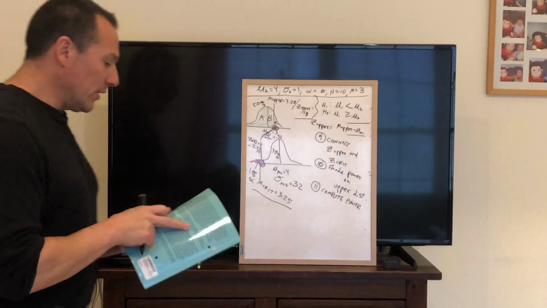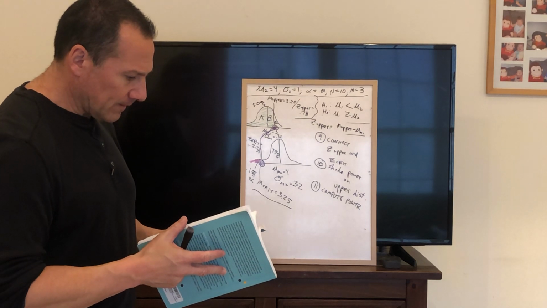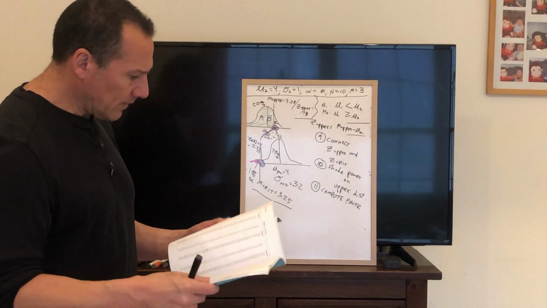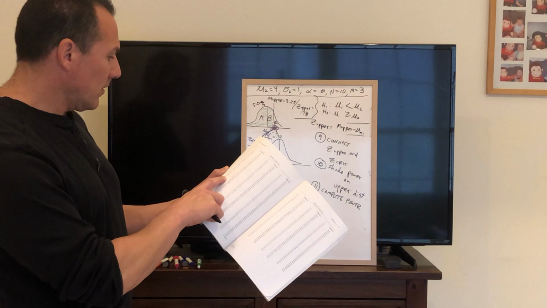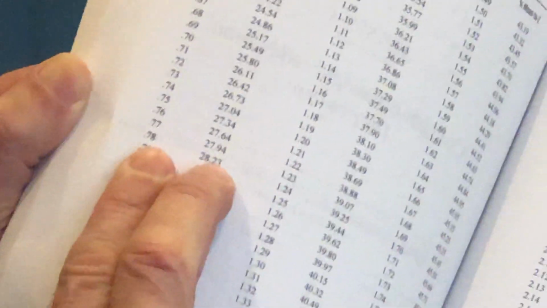So if I look up 0.78 as a z-score, I will see that corresponds to a percent mean to z of 28.23, right there.